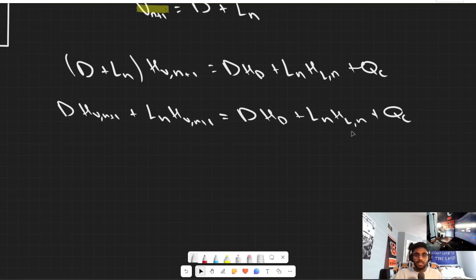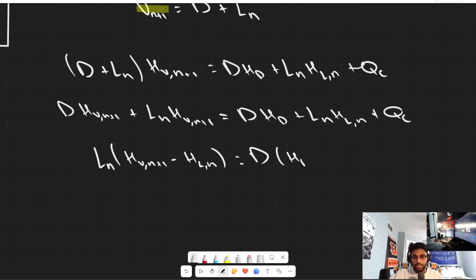That makes the most sense to me. So when we do that, we will pull out this Ln term, and it's going to be our vapor enthalpy minus our liquid enthalpy equals, and now we can pull out that distillate flow rate, and that's going to be our distillate enthalpy minus our vapor enthalpy plus that cooling power.